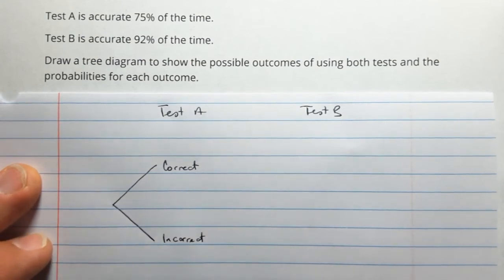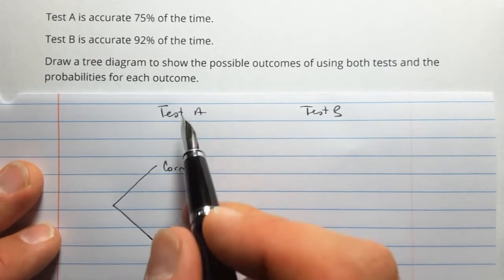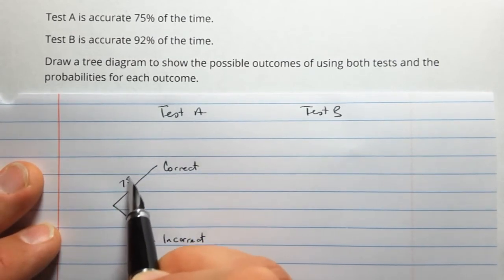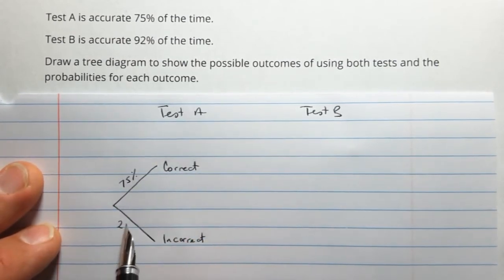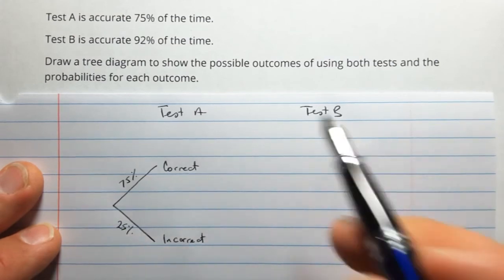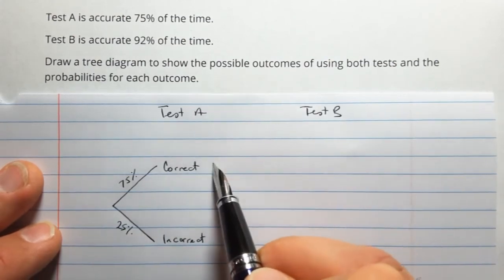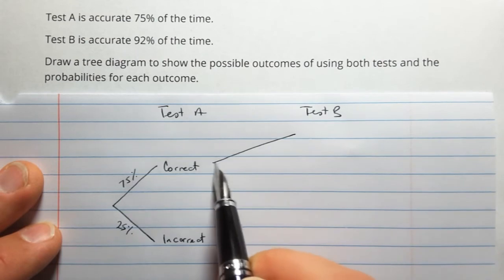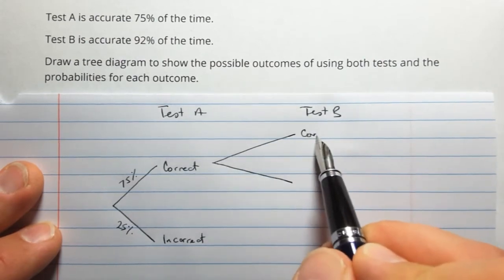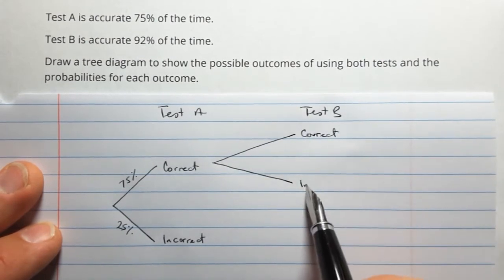There's the branching two choices that we have. Test A is correct 75% of the time, which means it's incorrect 25% of the time. Now test B, if test A is correct, B can be correct or incorrect.